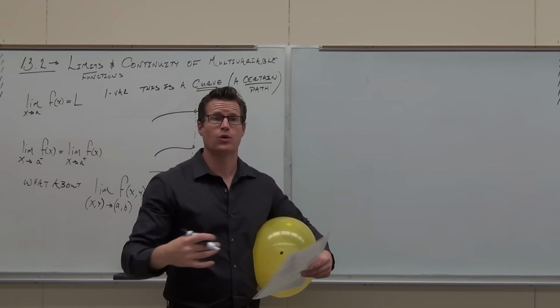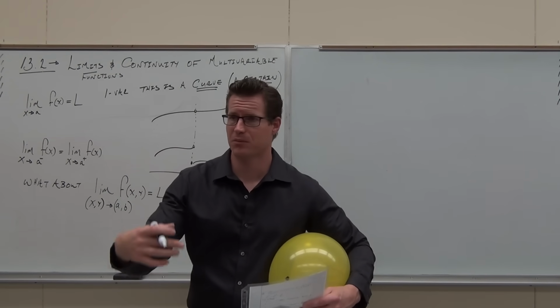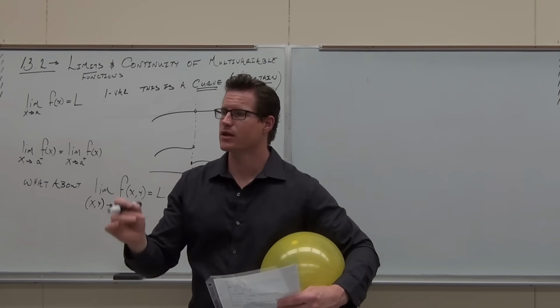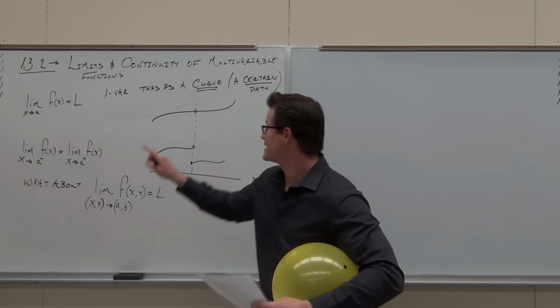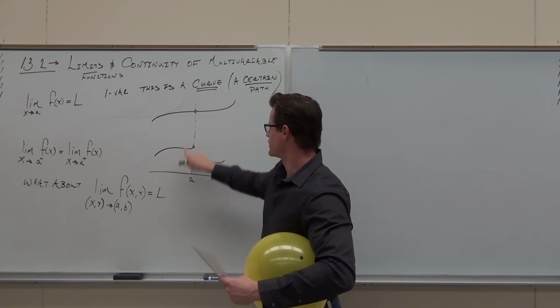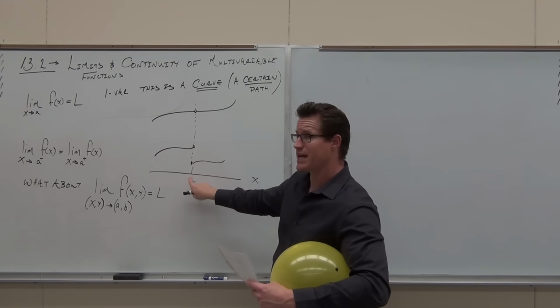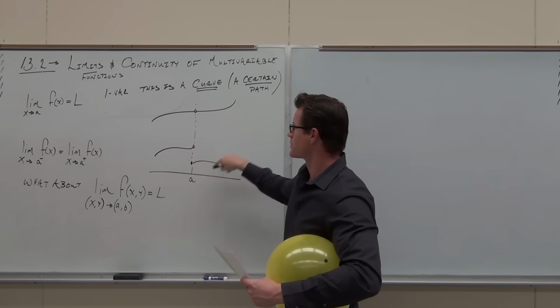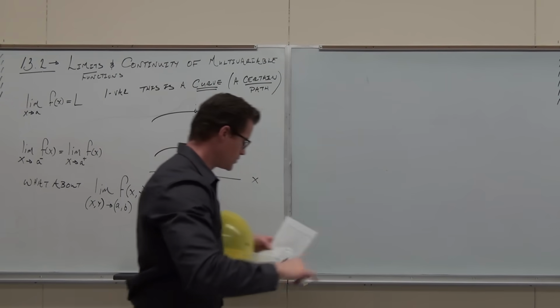And what that means, the whole important thing about this, the reason why we were able to find limits so easily in Calc 1, is there are only two directions you can take to get to this value. You can go from the left and you can go from the right. So that limits us to two directions.